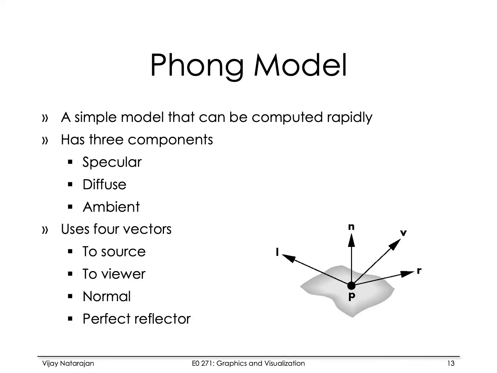It uses four vectors: the source vector, the vector pointing towards the source, the vector pointing towards the viewer, the normal vector, and the vector R, which corresponds to perfect reflecting direction. Source here is represented as L, the light source.